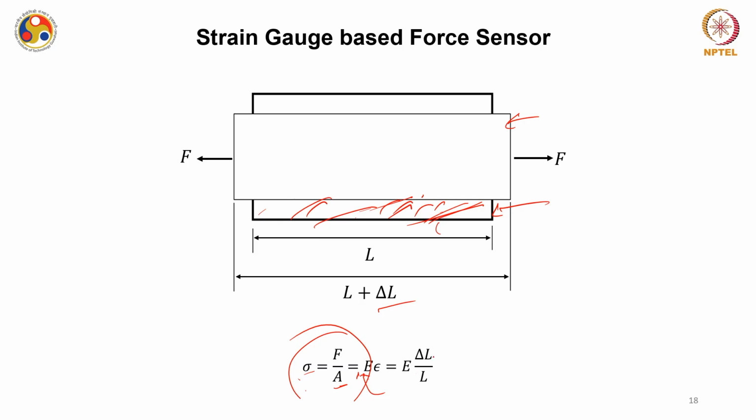So, by using these two equations, F by A equal to E into del L by L, I can calculate the applied force if I know the area on which I have applied it and the change in length. If you see the circuitry of this kind of sensor, it is mostly based on a bridge configuration, because it gives you better sensitivity.